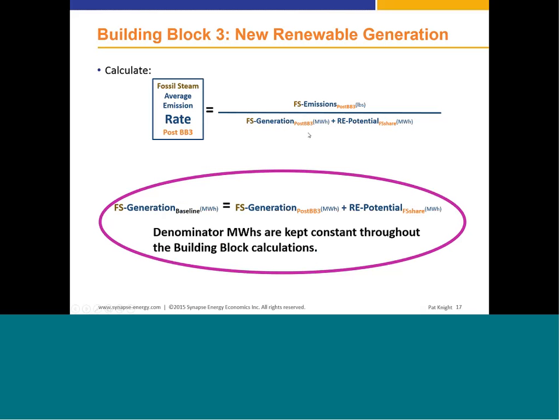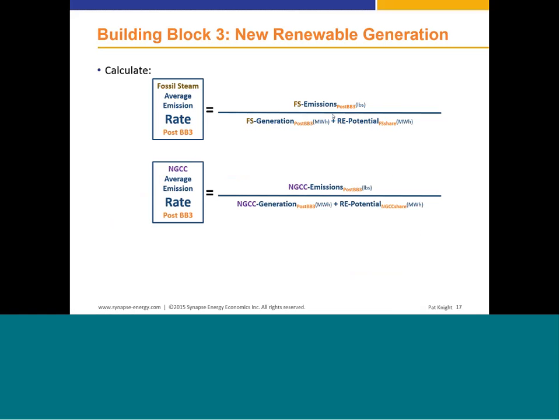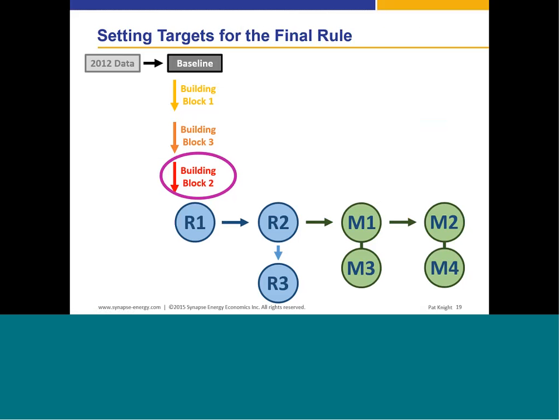So to think of this another way, this denominator is going to stay constant in pretty much every one of these equations, and the emissions are going to go down, and that's going to result in an emissions rate that decreases over time. So the example that I was showing here was fossil steam, and this next one is just a very similar one for NGCC emission rates.